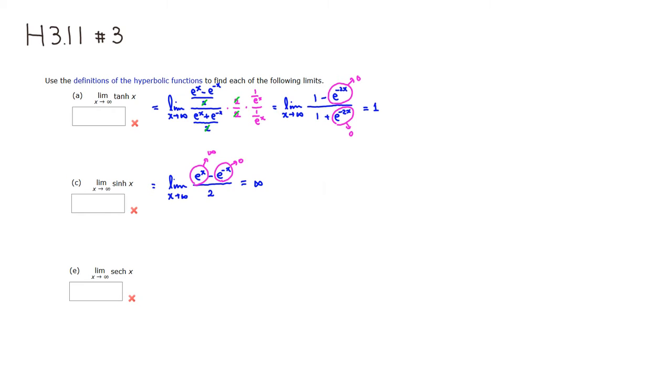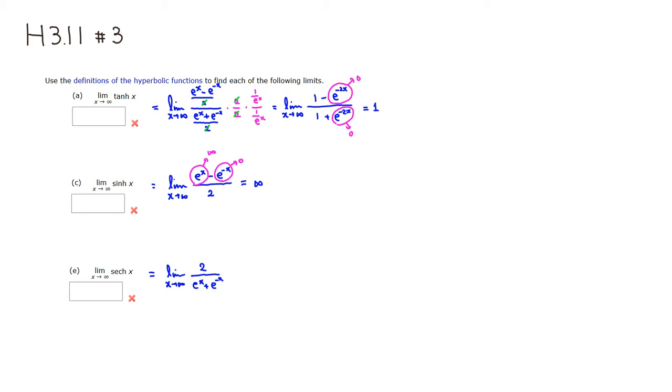So let's do part E. This is hyperbolic secant, so it's going to be the reciprocal of hyperbolic cosine. You have the limit as x approaches infinity. Hyperbolic cosine is e to the x plus e to the negative x over 2, so we take the reciprocal: 2 over e to the x plus e to the negative x.